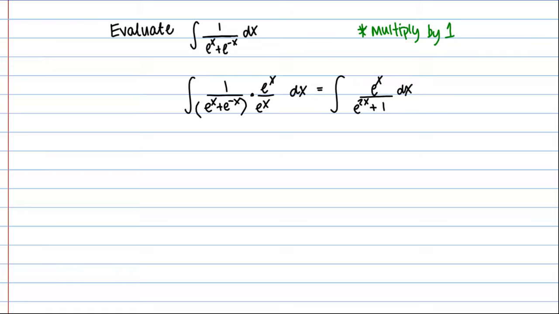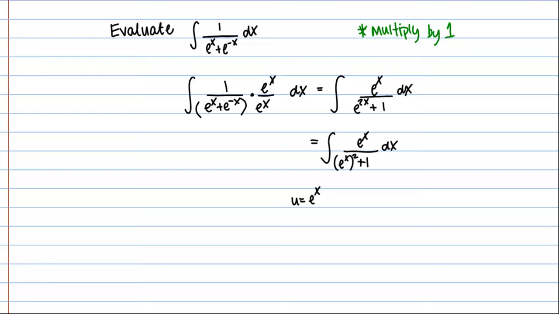So now that we have a new expression, let's try a u substitution again. Choosing what to make u here is perhaps a little challenging. Let me write this another way. We can also write this as e to the x over e to the x quantity squared plus 1. That would be an equivalent way to write this. So let's see what happens if we let u just equal e to the x.